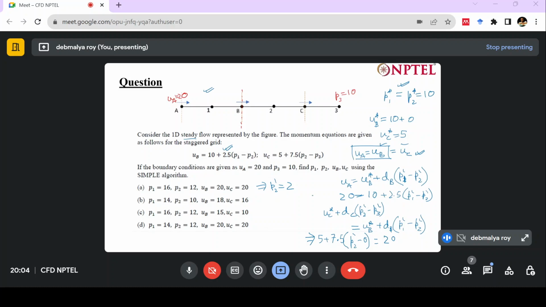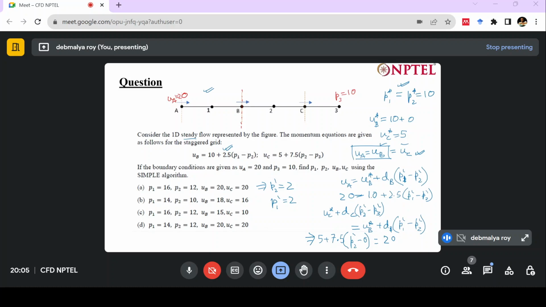And putting this P2 dash here in this equation, we can also find out what P1 dash is. What is P1 dash? You can see P1 dash will also be 2. Is it 2?